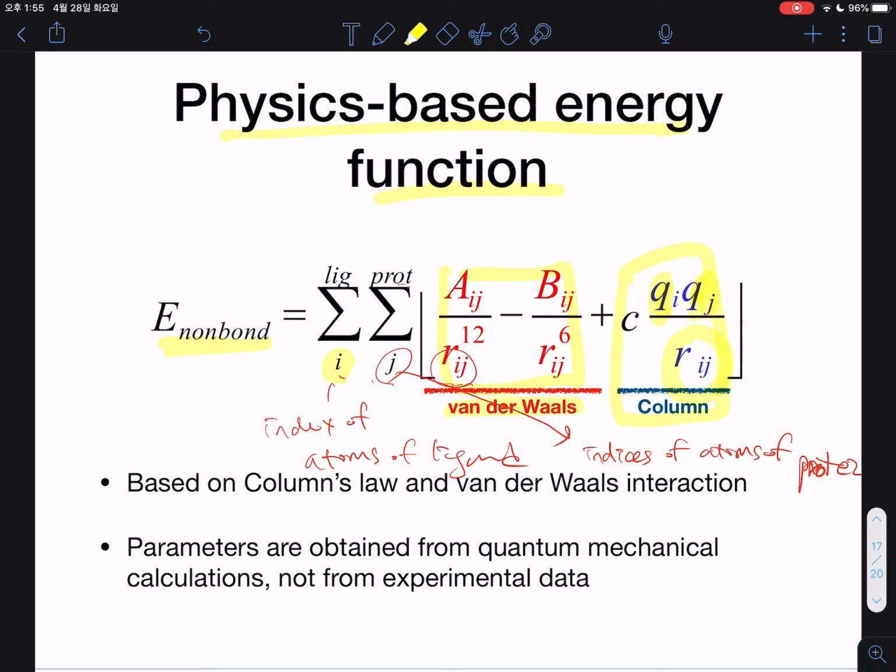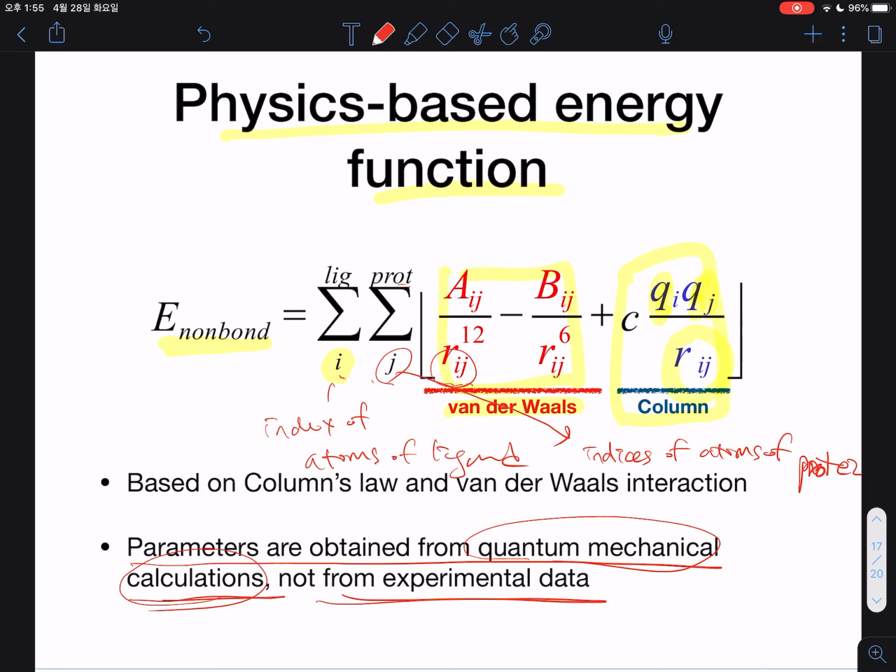So the physics-based interaction energy function is generally designed based on physical law. The parameters are generally obtained from quantum mechanical calculations, and they are not from experimental data.